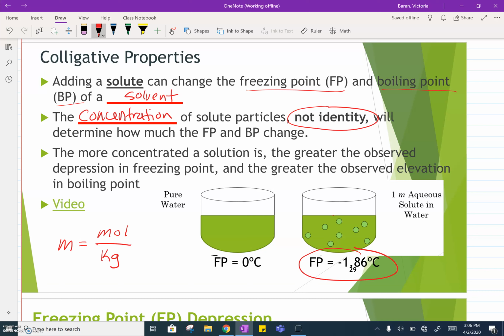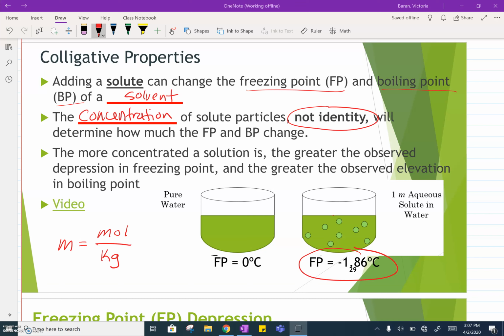This actually explains why we put salt on our roads, because the salt, sodium chloride or NaCl, will actually decrease the freezing point of the water. So the water or the snow or ice would actually freeze at a much lower temperature. Water is freezing at negative 1.86 degrees Celsius.